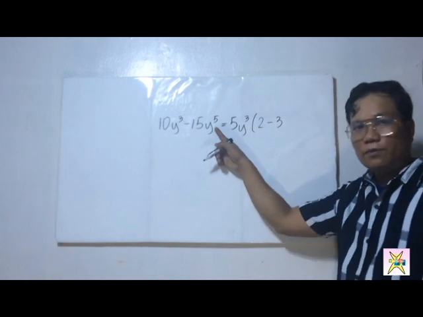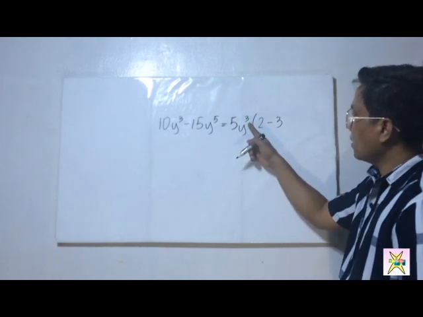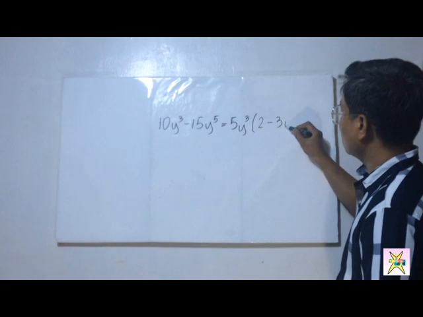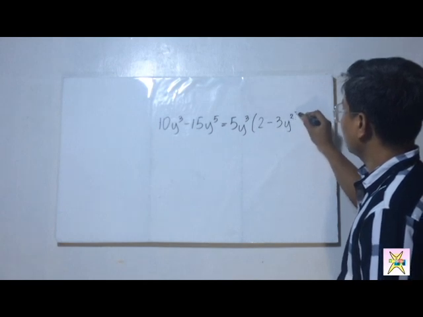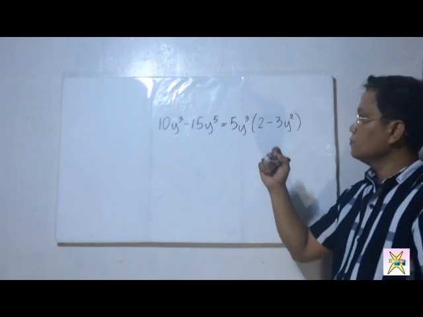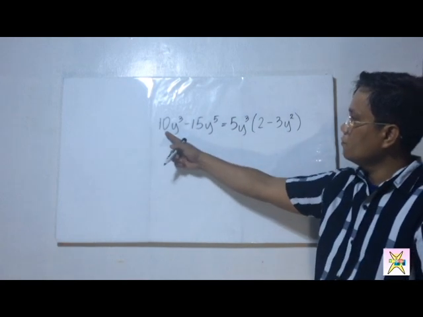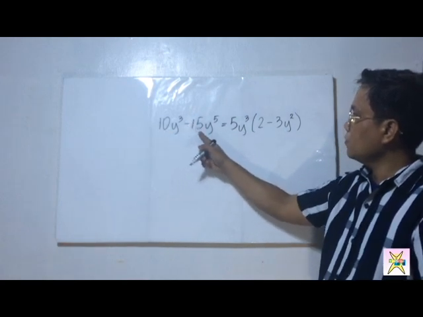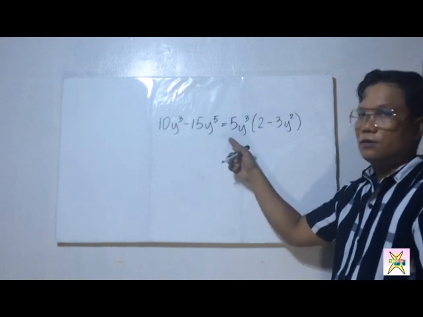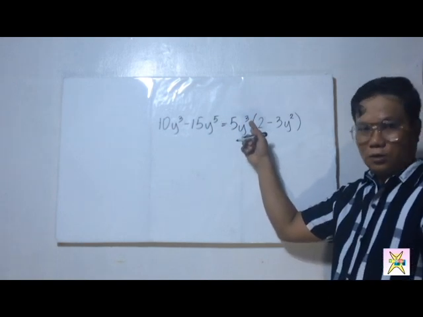Then we have y to the 5th power divided by y cubed, that is y squared. Therefore, the greatest common factor of 10y cubed minus 15y to the 5th power is 5y cubed.